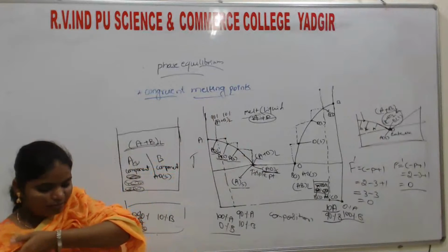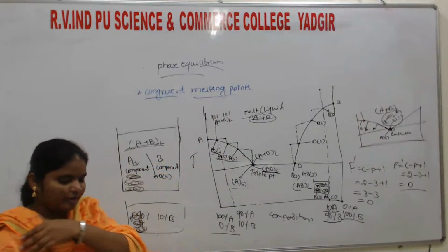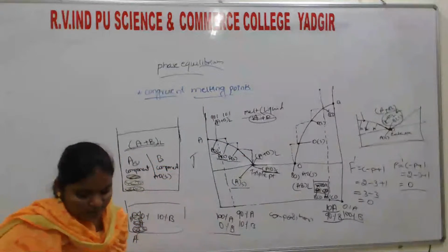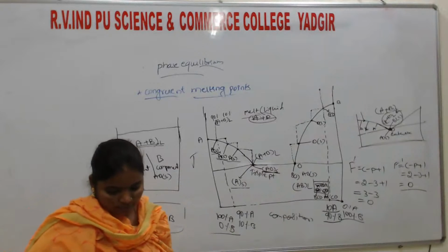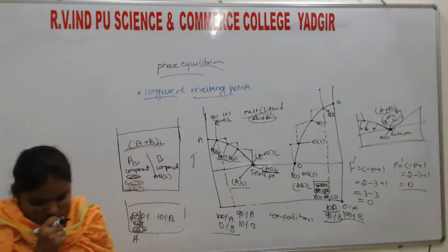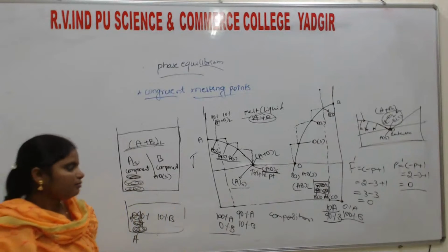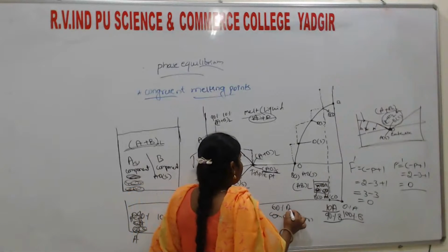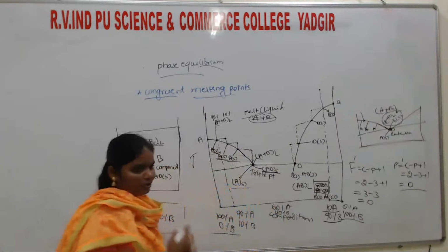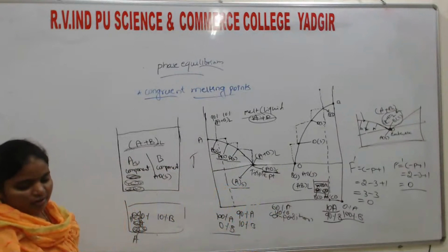Here I take 60% A, 40% B. Okay, this is not a particular scale.